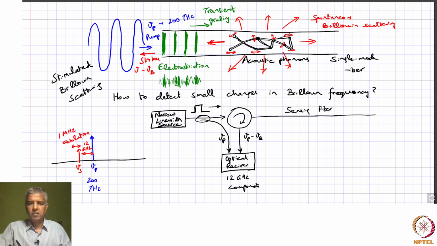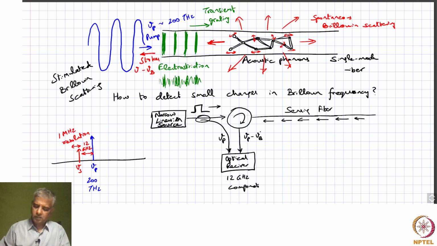So, you generate a pulse at the source, you can directly modulate the laser or do external modulation to generate this pulse, and that pulse can move all along the length of the fiber, and even as it moves down the fiber, it is going to cause stimulated Brillouin scattering from these different regions, right, and that scattered light you are picking up as a function of time, and specifically you are picking up the scattered frequency.